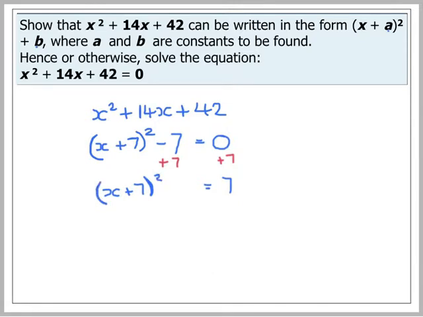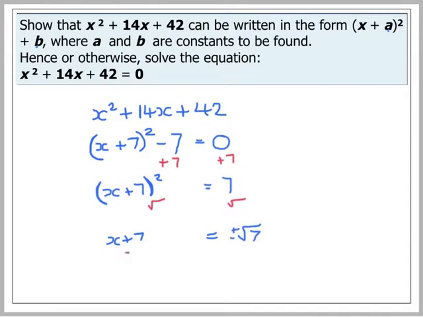Need to get rid of that square there, so to do that I'm going to square root both sides. So I'm going to get x plus 7 equals square root of 7, and that's got two answers, it's got the positive and the negative solution.